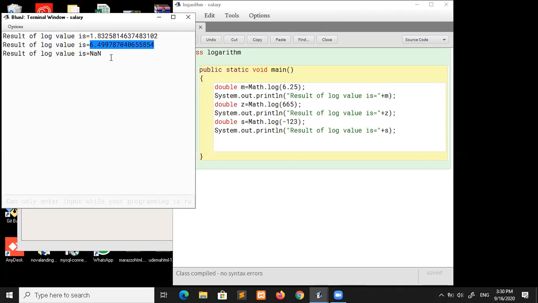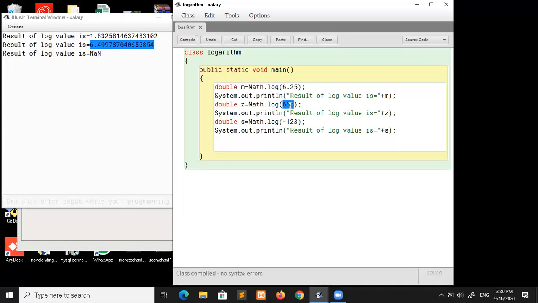So you can cross check it with your logbook also, whether these numbers are correct or not. Obviously, the computer never shows a wrong value. What I want to show you from this program is that for the floating number 6.25, I'm getting the result. If I'm taking the positive number, I'm getting the result.